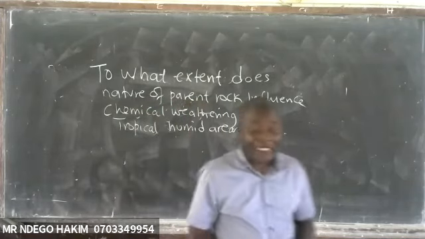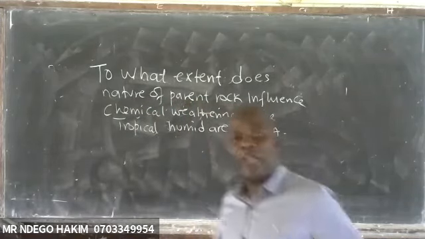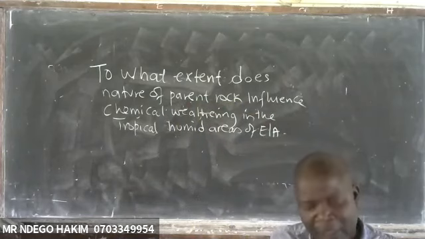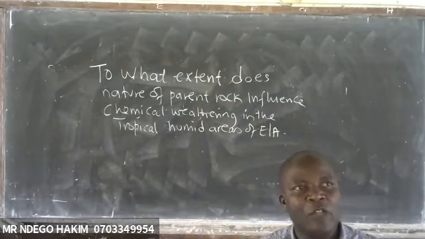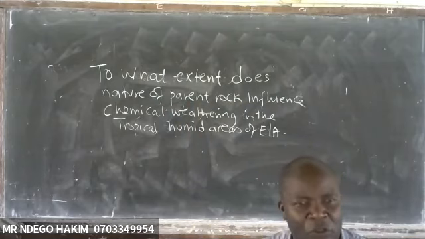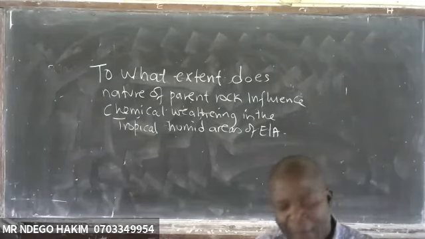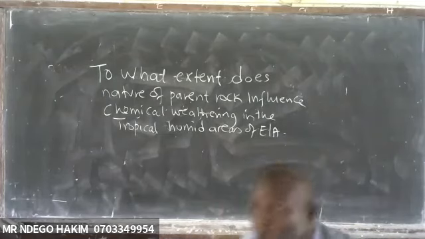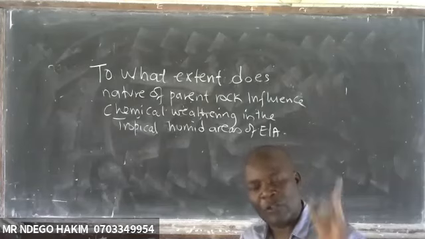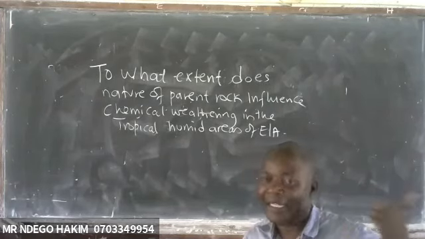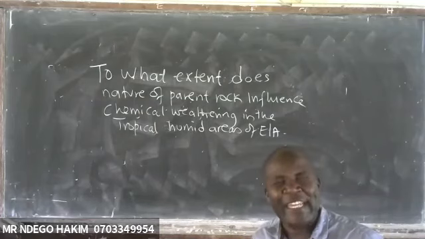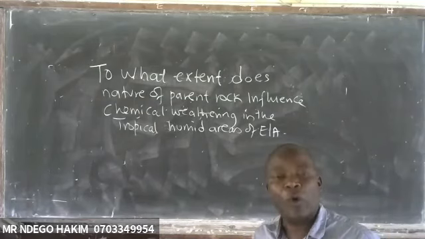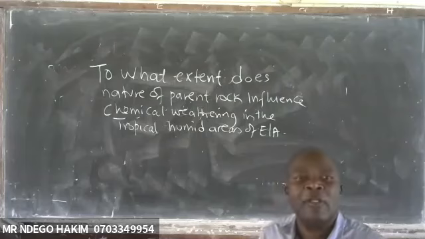Now, you see, learners, when we teach you the questioning approach, you may not necessarily get the exact question, but we try to teach you how to think and interpret the questions on your own. Having taught those two questions, account for the dominance of physical weathering in semi-arid areas yesterday, and today account for the dominance of chemical weathering in the tropical humid areas of East Africa.